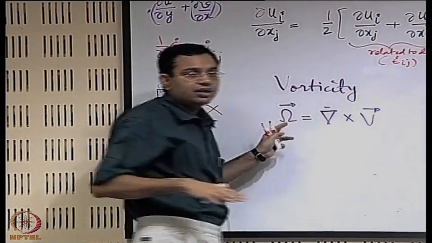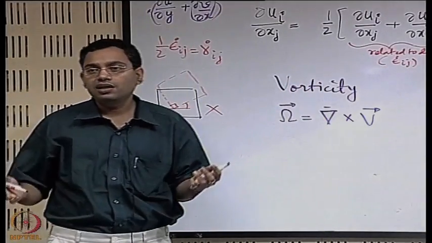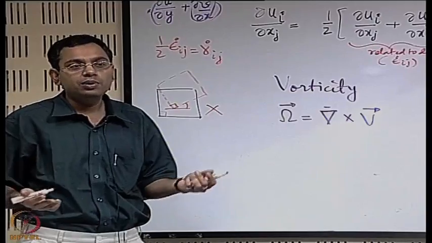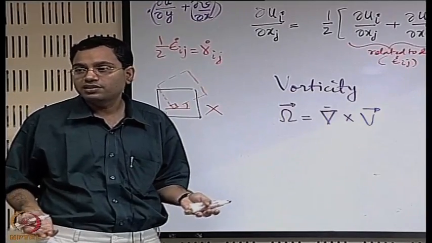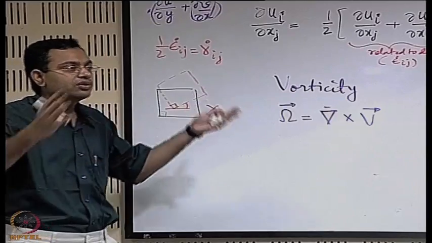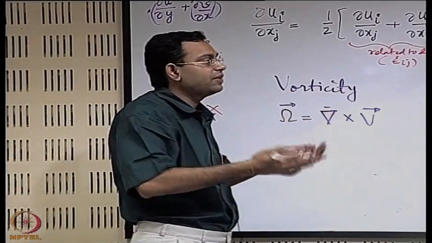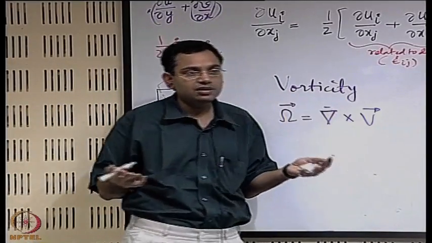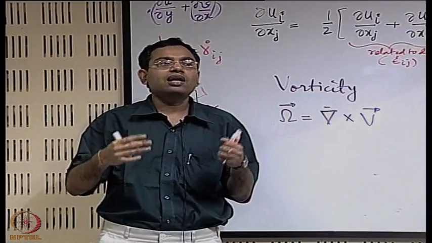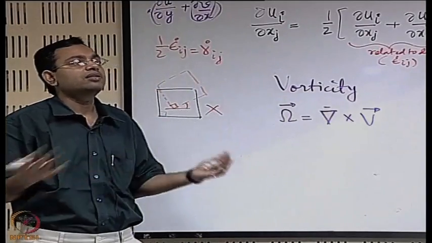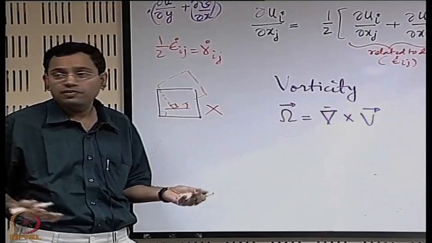See, field theory is something which is so general that it is applicable equally in electromagnetics as in fluid mechanics, and so field theory talks about a vector field or maybe a scalar field, but in general a vector field, and what are the different rules that govern the behavior of the change of vector in the vector field.